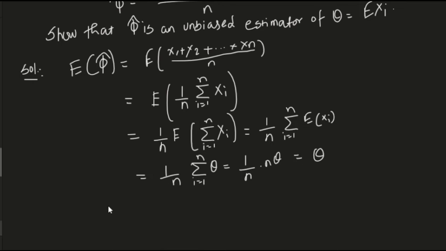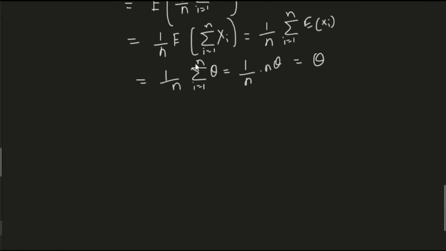Therefore, we see that E of phi cap is basically equal to theta, which means phi cap is an unbiased estimator of theta, and the problem is solved. Now, this is how we solve these problems, and showing that something is an unbiased estimator specifically involves finding the expectation of the point estimator, and this expectation may well involve some kind of integration or summation, which we have discussed before, I think, and those are required.